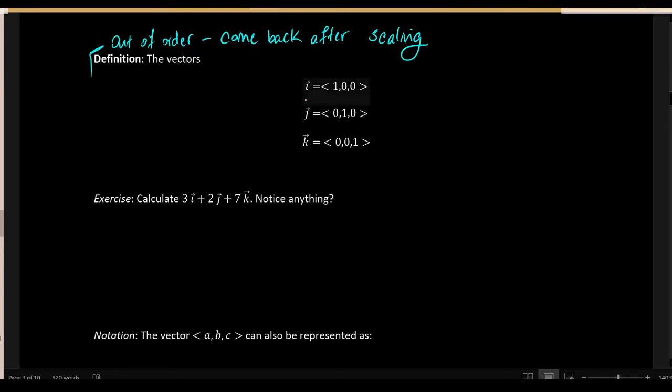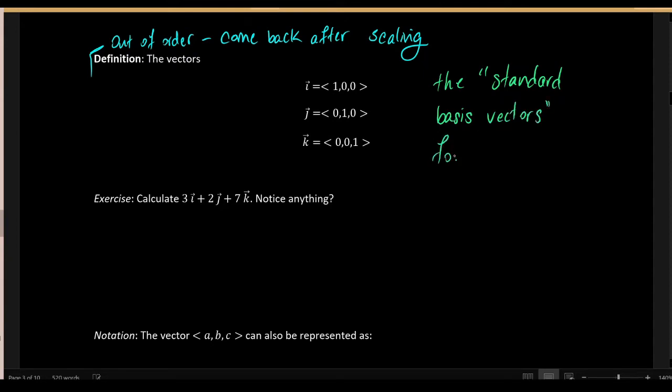These vectors are given the name the standard basis vectors for R3, where R3 is shorthand for 3-dimensional space. Now let's do a calculation of the following combination of the standard basis vectors.